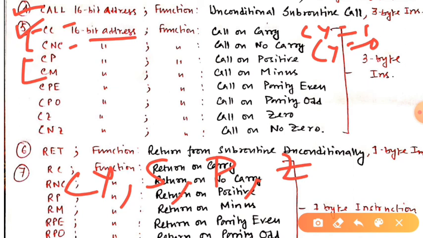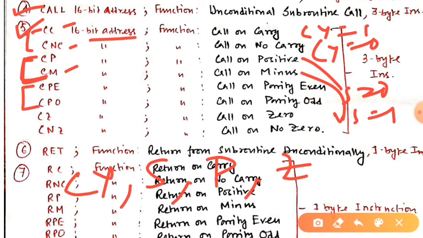Based on the sign flag, we have call on positive and call on minus. Call on positive means when S is 0, then it will call the subroutine, otherwise when S is 1, it will not call. The reverse will happen in call on minus. When S is 1, then only it will call the subroutine, otherwise the normal way of program execution will be retained. Based on the parity, we have call on parity even and call on parity odd.